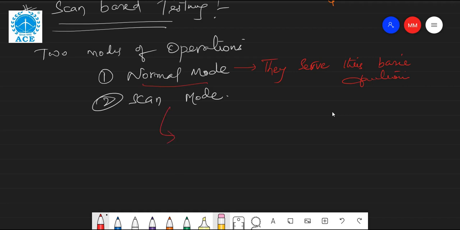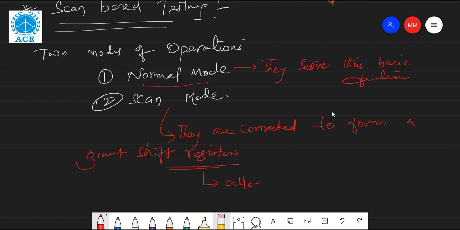Whereas in scan mode, they are connected to form a chain of shift registers basically.